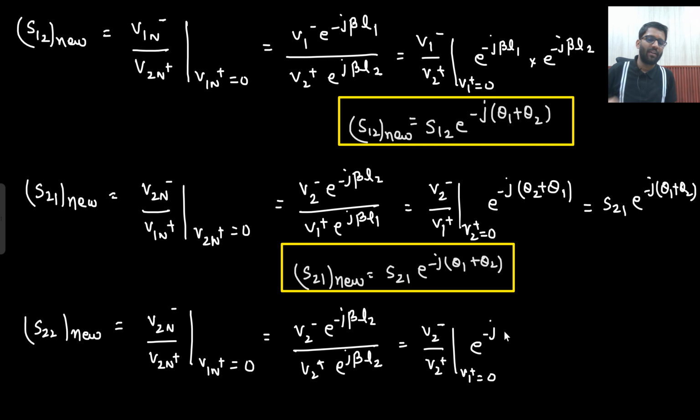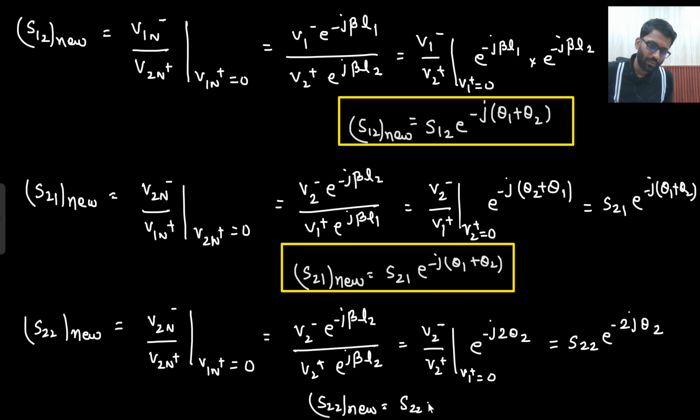So minus 2J beta L2, that would be minus 2J theta 2. So this can be replaced as S22 e to the power minus 2J theta 2. So S22 new is coming out to be S22 e to the power minus 2J theta 2. Okay. So this is your S22 new.